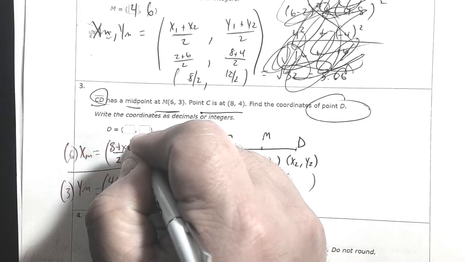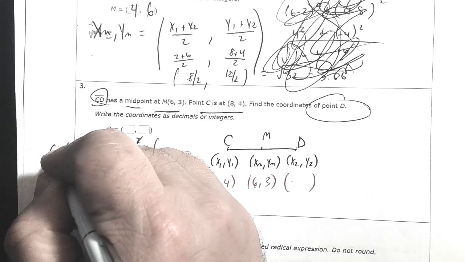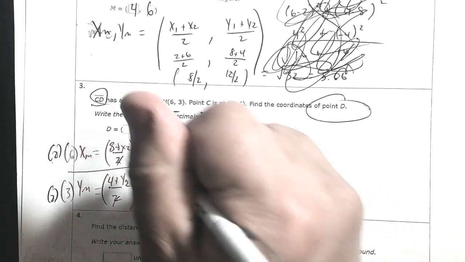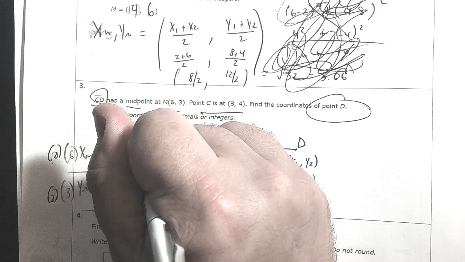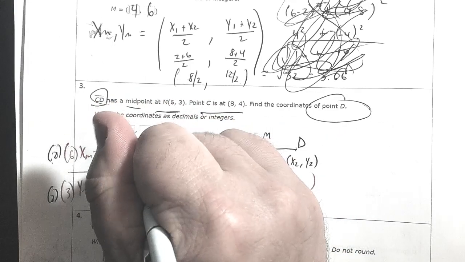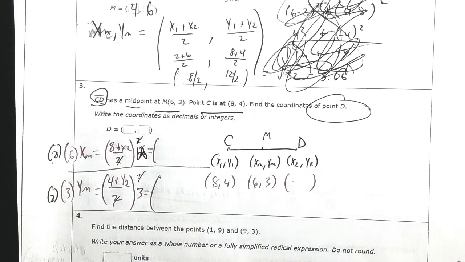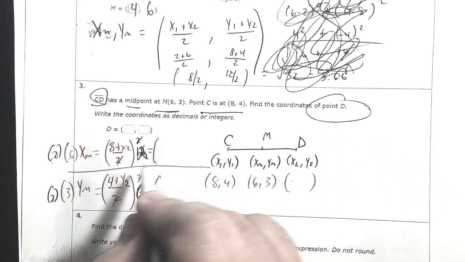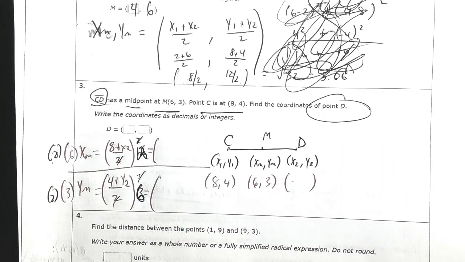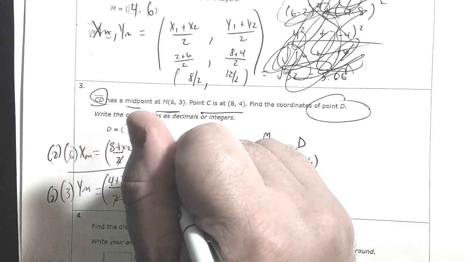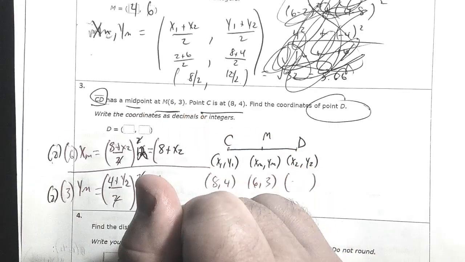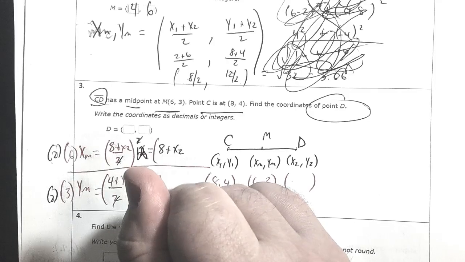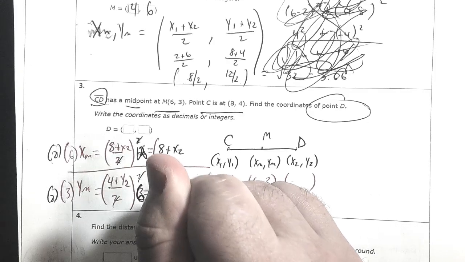These cancel. You got to multiply this by 2 and this by 2. So 2 times 6 is 12. I'll straighten out my mess here. 2 times 3 is 6. Okay. So now we've gotten rid of that. So we have 12 equals 8 plus x sub 2. And this one is 6 equals 4 plus y sub 2.